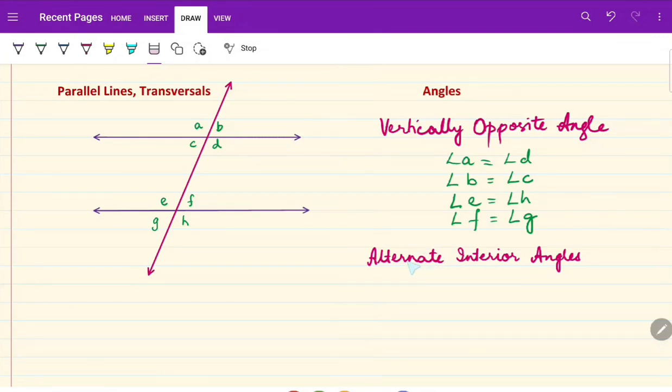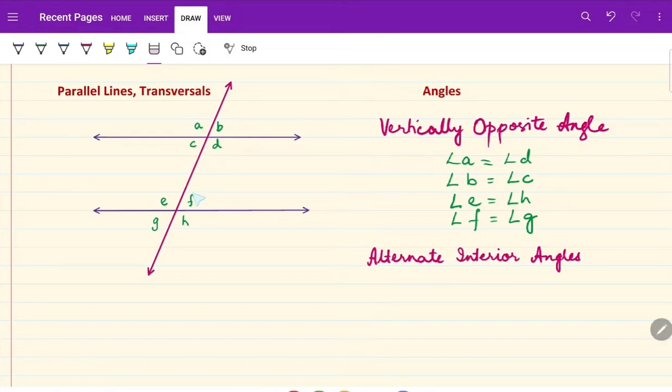And the alternate interior angles would be the angles which are diagonally opposite to each other. All right, so in this figure, C, D, E, F, these 4 angles are within the parallel lines. They are all the interior angles, but of them, the alternate interior angles would be the ones diagonally opposite to each other.